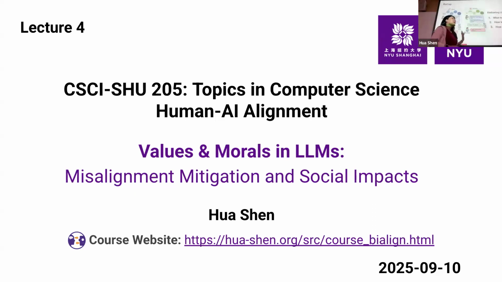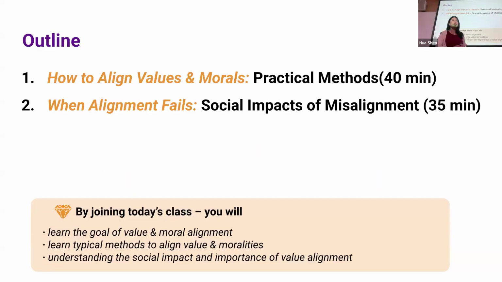Taking one step further, if we know after the evaluation that the LM is not performing very well, then what could we do? That's why we want to talk about methods to mitigate this in the LM, especially regarding their values and morals.